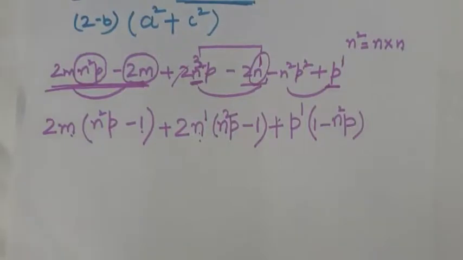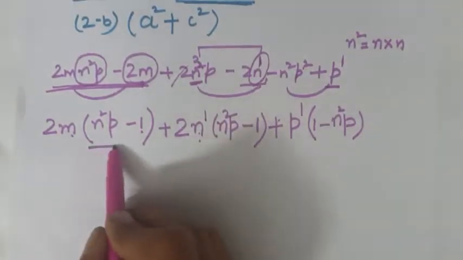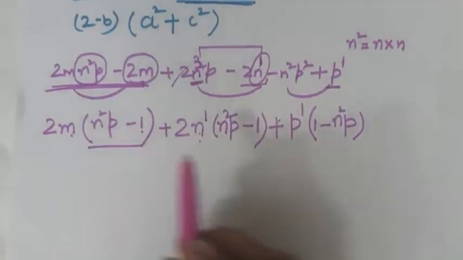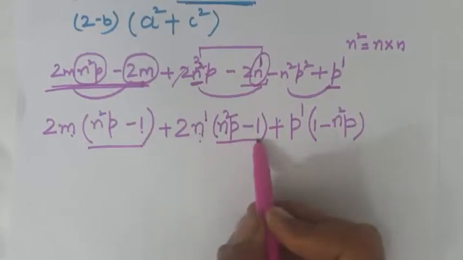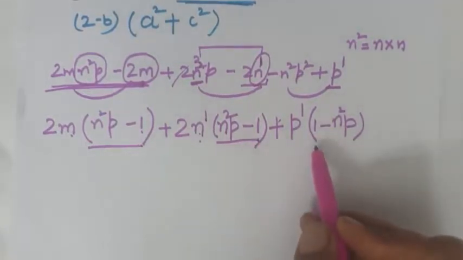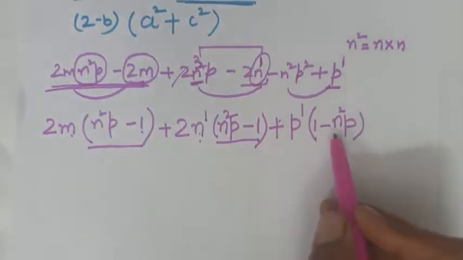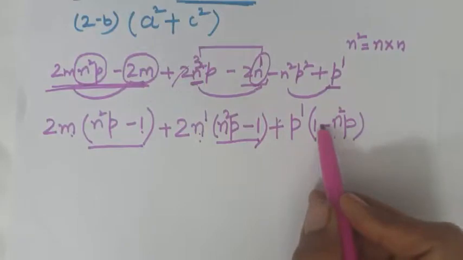Now let us check all the brackets are same. This is n square p minus 1. This is also n square p minus 1. But this is 1 minus n square p. The negative sign should be here, not here.